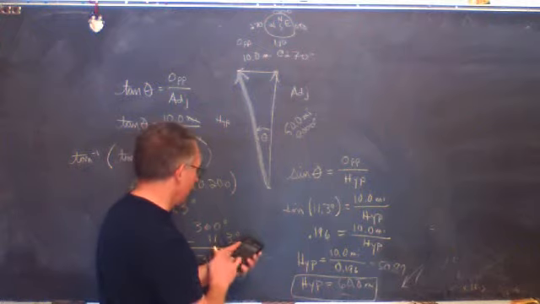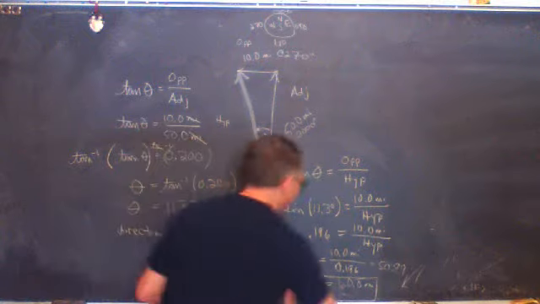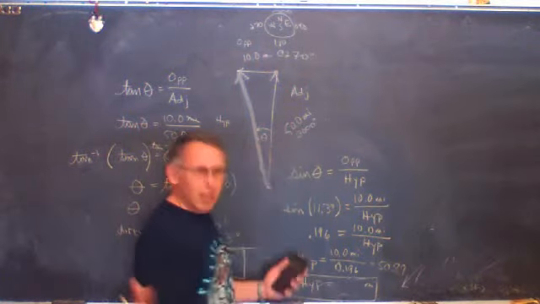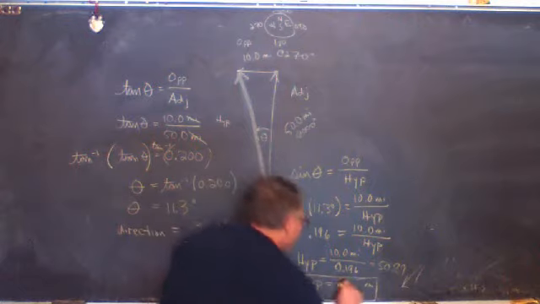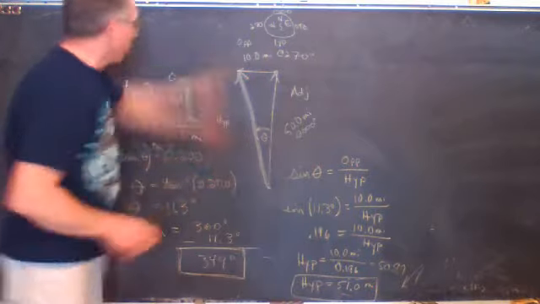And so that is 10 divided by 0.196, 50.99, which is 51.0. Okay, somehow I turned that into 60. See how easy it is to make a mistake? I understand, I really do, trust me. All right, so that is 51.0 miles.